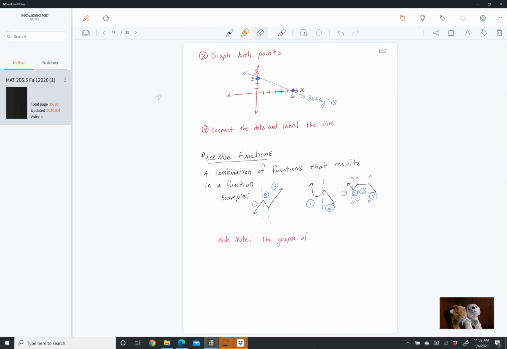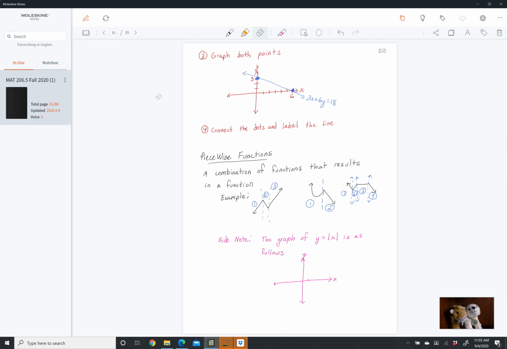The graph of y equals absolute value of x, an absolute value graph bounces off the x-axis. Remember, your y values can never be negative. So hopefully you're able to construct these yourselves, but just in case, right?